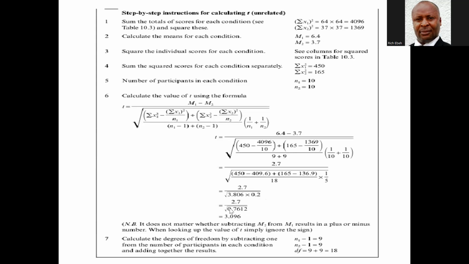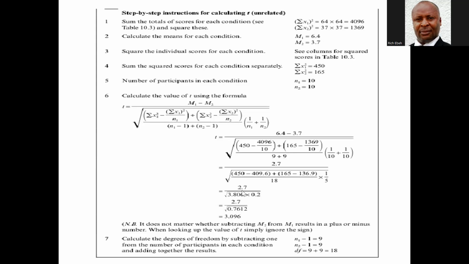Then you find the square root. And after finding the square root, you now divide 2.7 by the result you got from finding the square root. Then you will have 3.096.